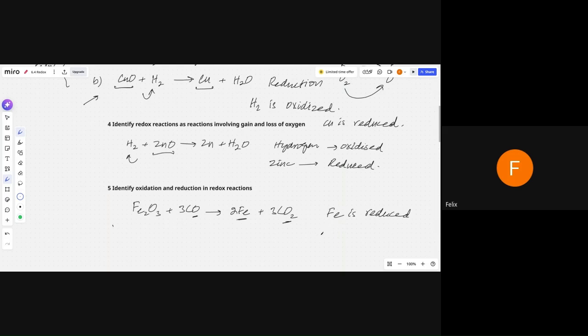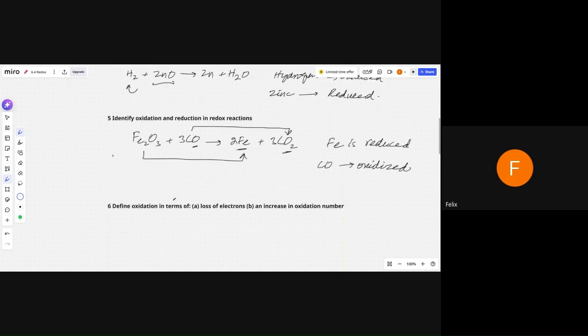So we will say that carbon monoxide has been oxidized. So very simple. You just have to focus on which element or compound is losing or gaining oxygen. You have to compare the reactants with the products, and you will figure out what is being oxidized and what is being reduced. Super duper easy.